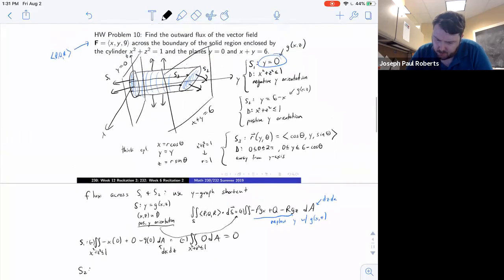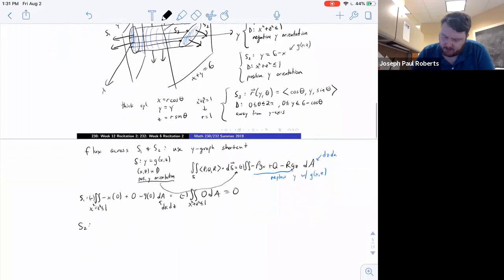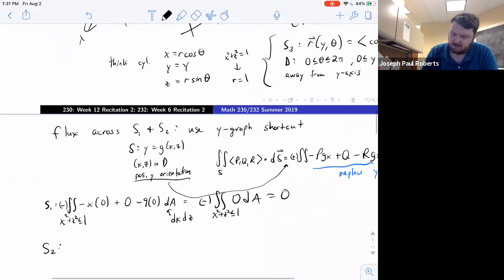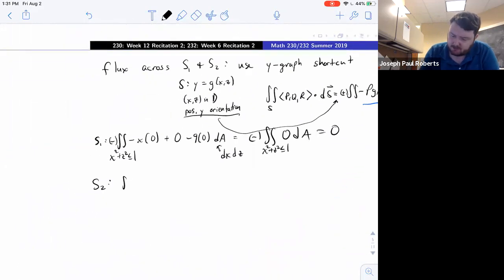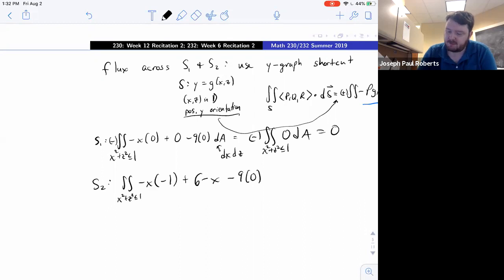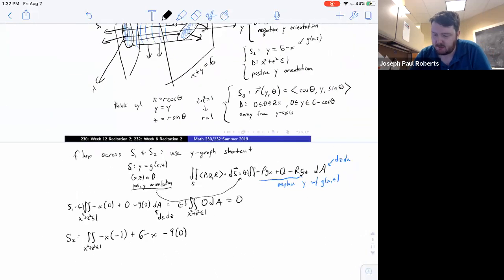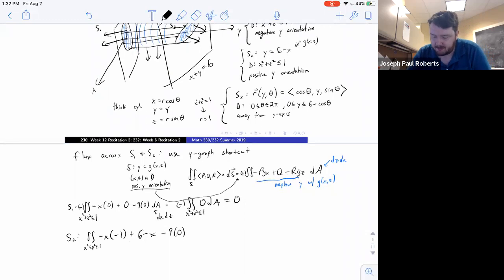Okay, and then S2, I have a slightly more interesting g of x, z. g of x, z is 6 minus x, so g_x is minus 1. So on S2, I'm doing the double integral of minus P g_x plus Q, but Q is y, which is 6 minus x, and then minus R g_z, well, g_z is still 0, because g of x, z for S2 is 6 minus x.